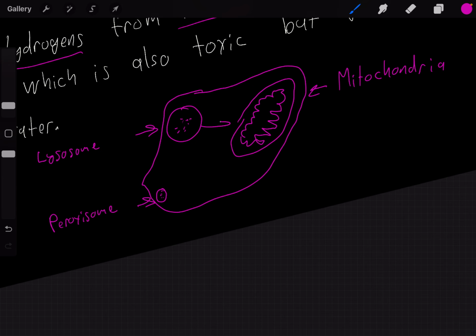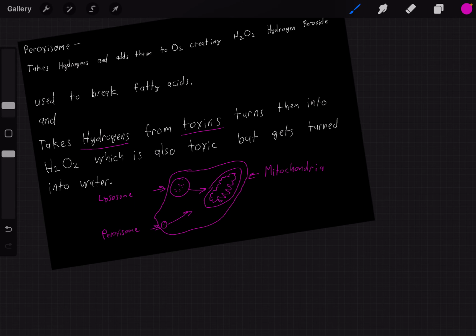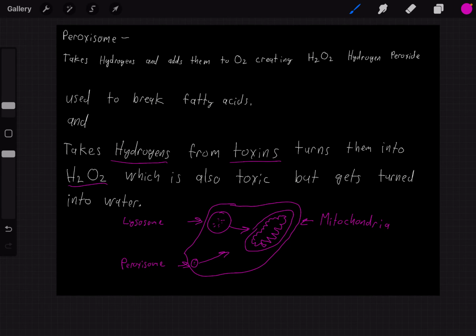While the lysosomes are breaking down the mitochondria, the peroxisome is taking those toxins and turning them into H2O2, which is hydrogen peroxide. However, there's a problem. Hydrogen peroxide is also toxic. However, the cell is very clever and knows that it can break down hydrogen peroxide into water.